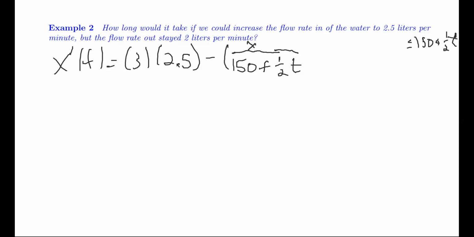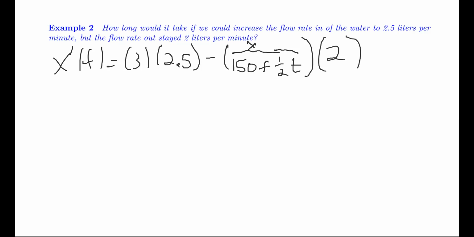And that would be our equation for the volume and how that is changing with respect to time. So this right here, this is your concentration out. Again, that is the amount of solvent in the tank, which is x, that's how we defined our function x, divided by the amount of volume in the tank at time t. And then we multiply that by the flow rate out. The flow rate out remained at 2 for this particular problem.